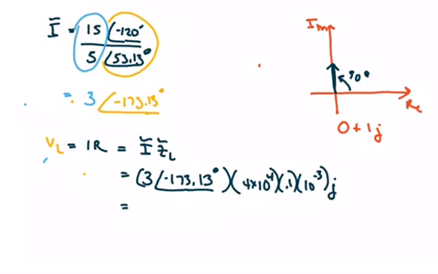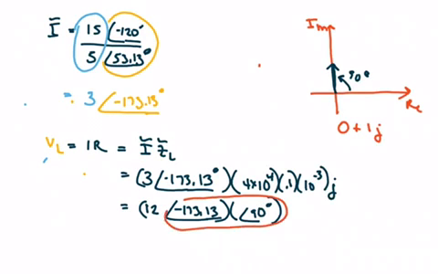So this just becomes 12, and then you have negative 173.13 degrees plus 90 degrees. All right, so now we can add these, and I come up with 12 at negative 83.13 degrees.